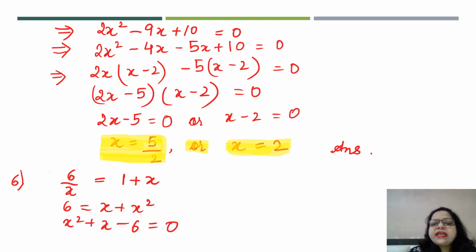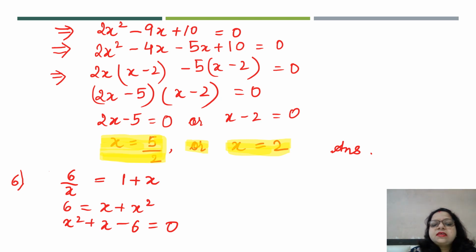So 2x minus 5 or x minus 2 will be equal to 0. 2x minus 5 is equal to 0 means x is equal to 5 by 2, or x minus 2 is equal to 0 means x is equal to 2. That is the answer.